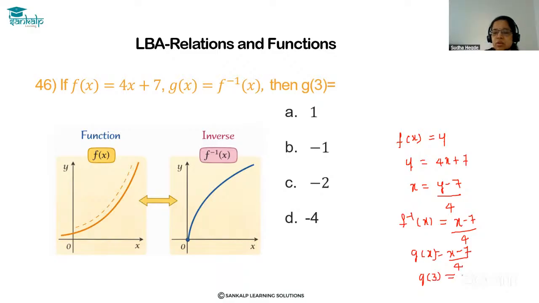So, 3 minus 7 by 4, that is equal to minus 4 by 4, that is minus 1. Check the option. So option B is minus 1. That is the correct answer. Therefore, g of 3 is equal to minus 1. Thank you.